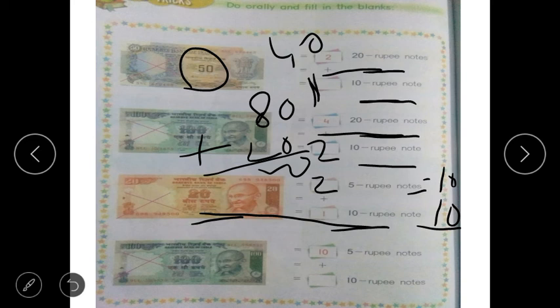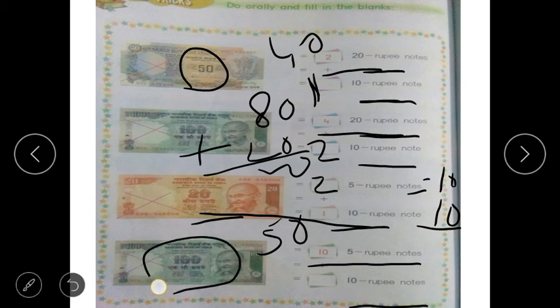Now here see 5 rupee notes. If ten 5 rupee notes are there, ten 5s are 50. 50 rupees is already there. Then how many more 10 rupee notes will you take to make 100 rupees? Here ten 5 rupee notes, that is 50.